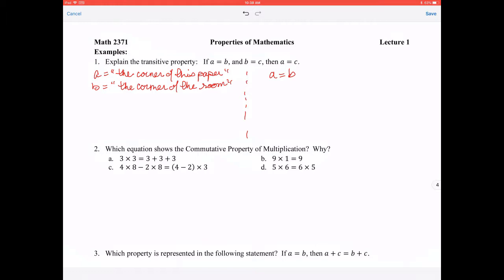Then I'm going to tell you that C equals a 90-degree angle. Then I know that B equals C because it's a 90-degree angle.